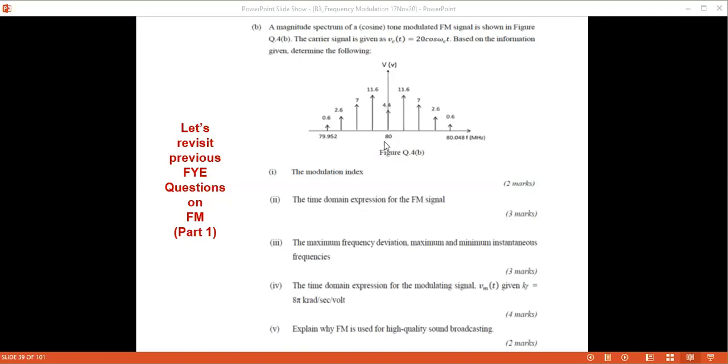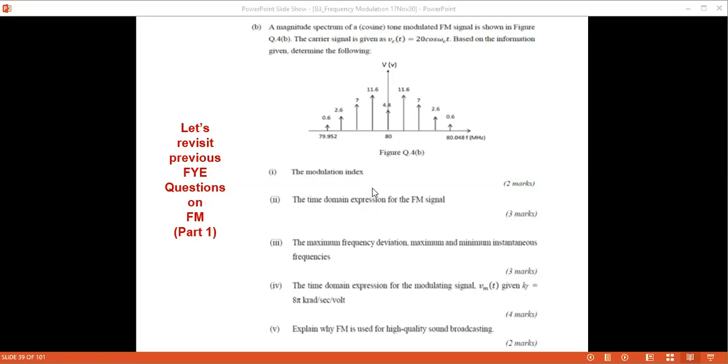Here, the center is our carrier, and then it has 4 sidebands, and the amplitude for all the components are given. In the question, it's also given VCT, the carrier signal, which is equal to 20 cos omega CT. So from here, we know that EC is equal to 20. And we know that FC is equal to 80 megahertz from the spectrum. It's not given in the equation, but it's given in the spectrum.